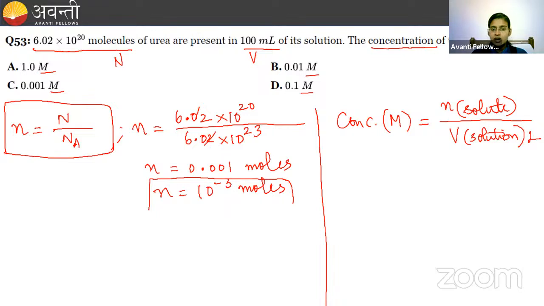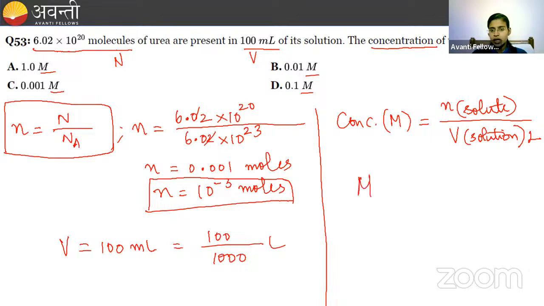Now we have to convert the volume from milliliter to liter. So volume is equal to 100 milliliter, which is equal to 100 by 1000 liter. Now we have the required terms in our hands, so substitute here in the molarity formula.